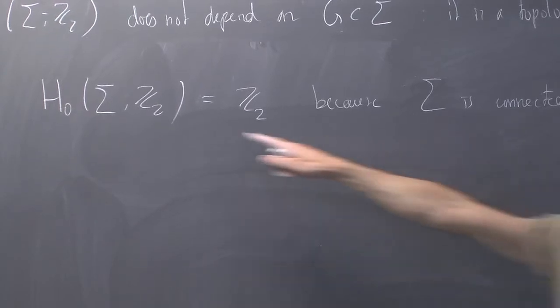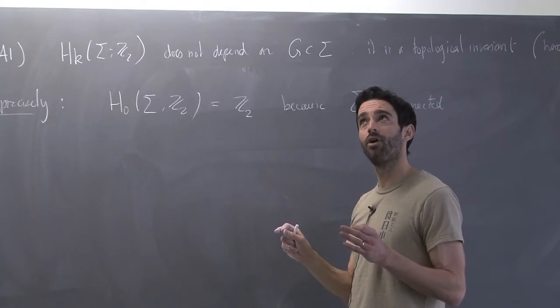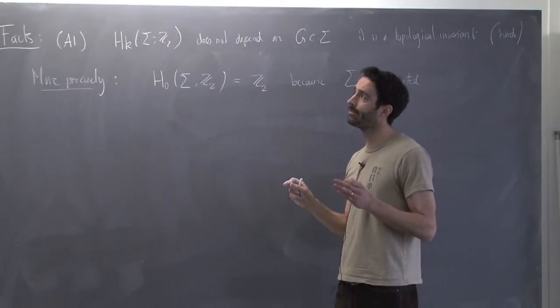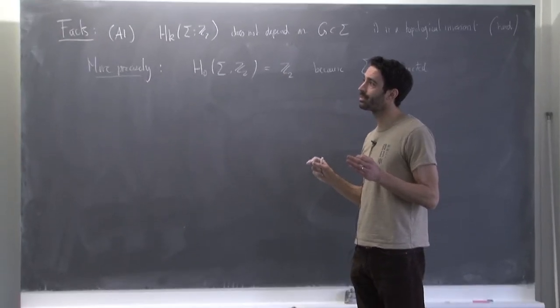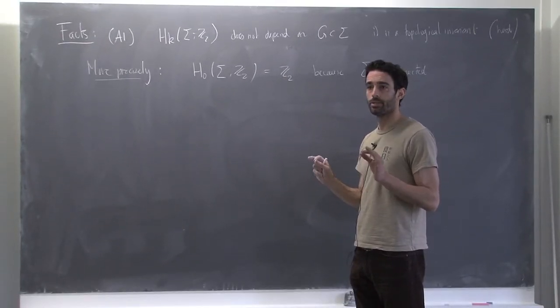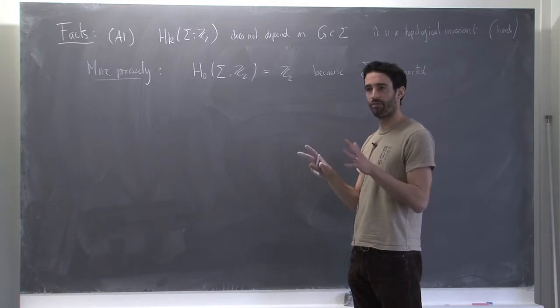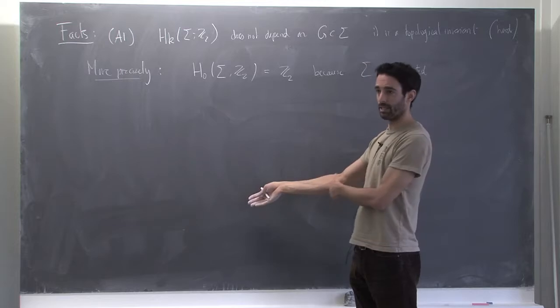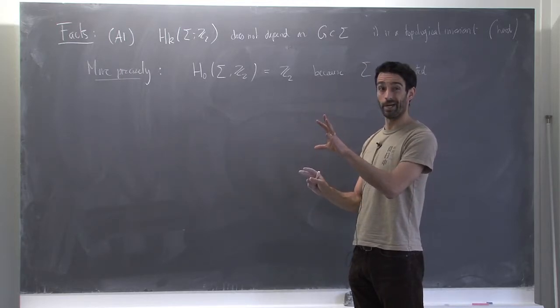More precisely, if you look at H0, it says, okay, whenever you have a cycle, does it bound? So it means whenever you have, well, any collection of vertices is going to be a cycle because everybody is mapped to 0. So whenever you have a collection of vertices, does it bound?